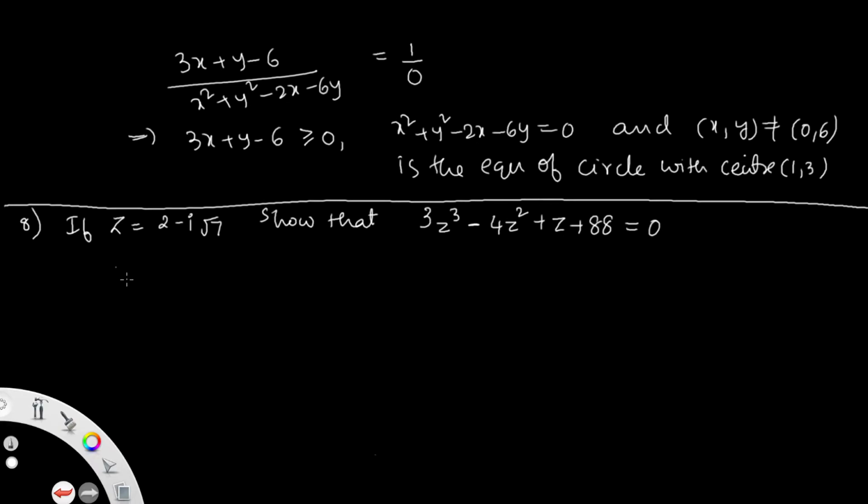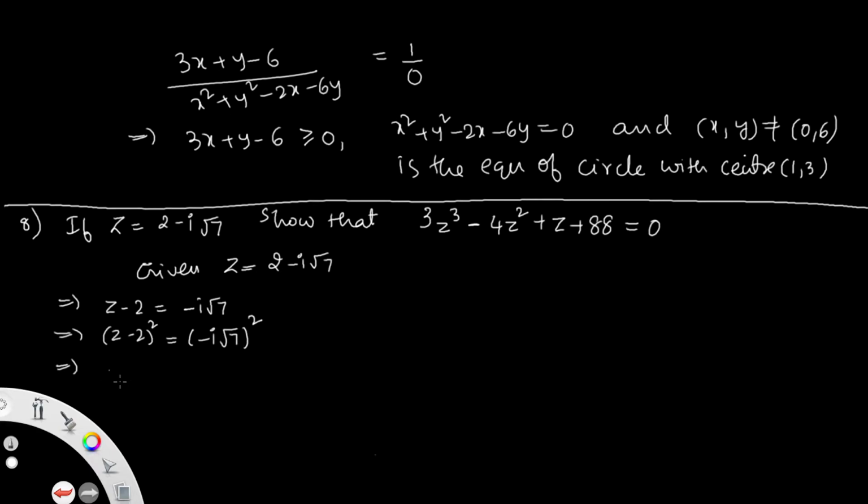Given z = 2 - i√7, just simplifying: z - 2 = -i√7. Now squaring on both sides, (z - 2)² = (-i√7)². That is z² + 4 - 4z = (-i)²(√7)².